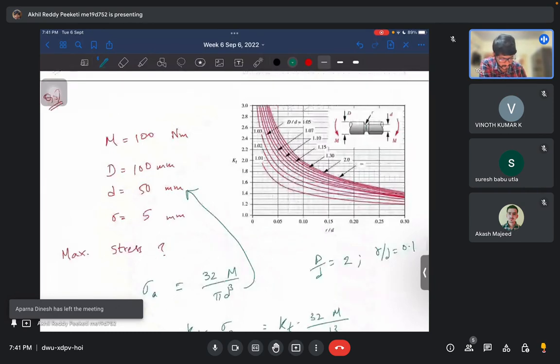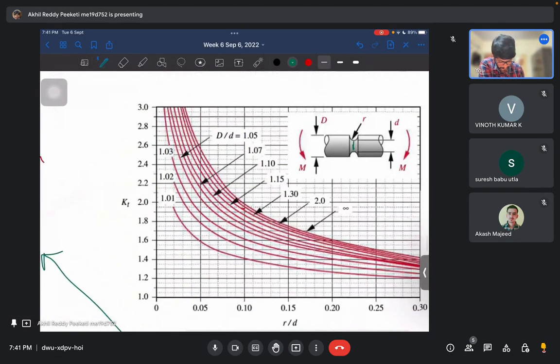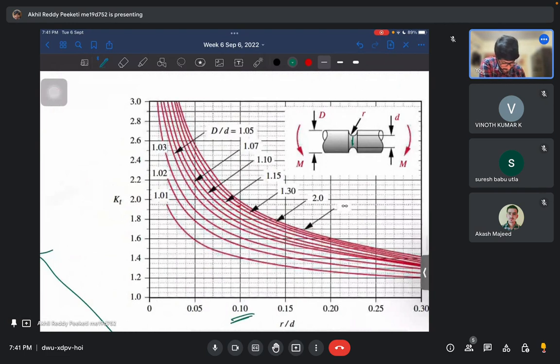Let's check for that point. R by D 0.1 lies here and D by d equal to 2. The last line is D by d equal to infinity, so the next one is 2. That is this line, the second one, and it matches here. So this would be 1.95.